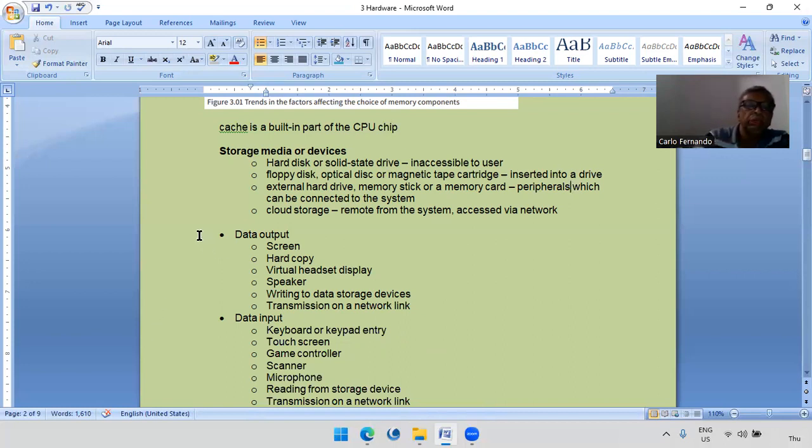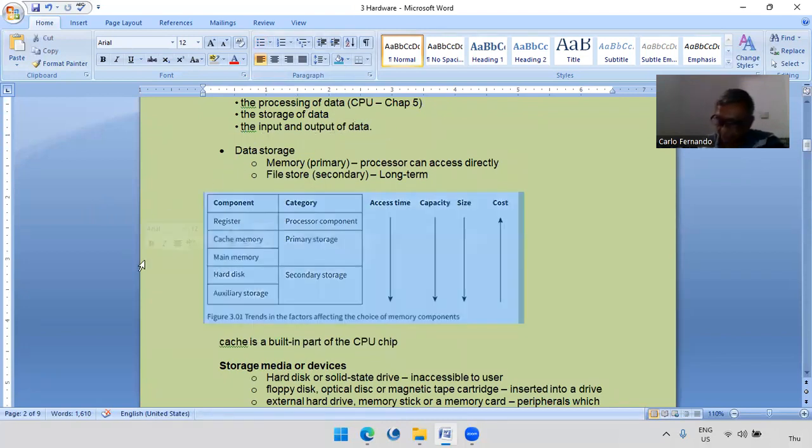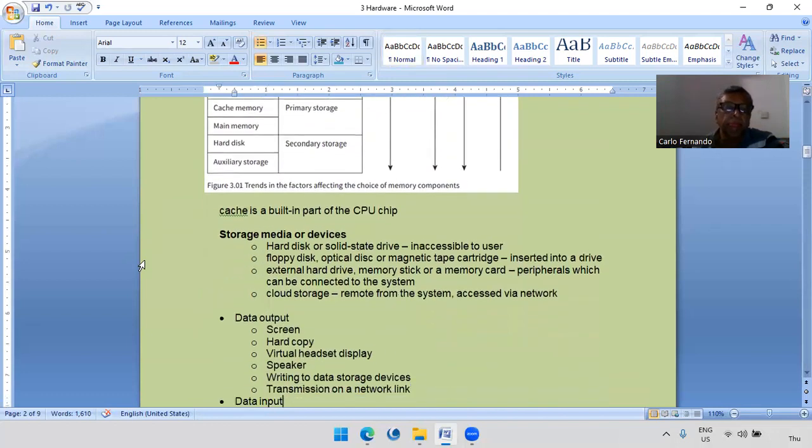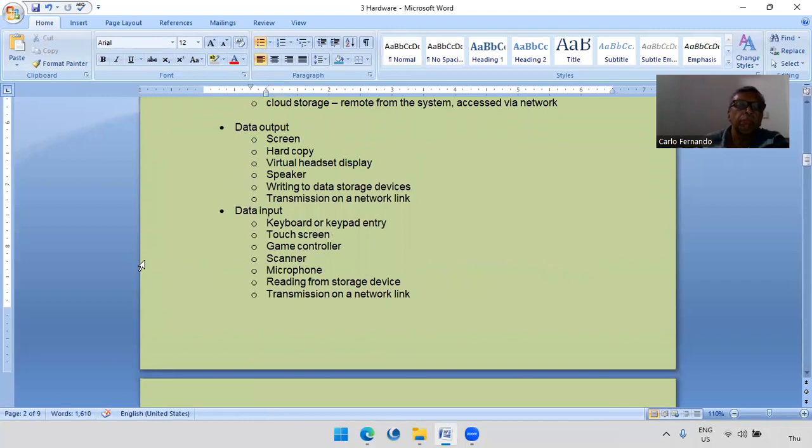Then we come to data output. Third part, data output. You have the screen display, where you can see the output.